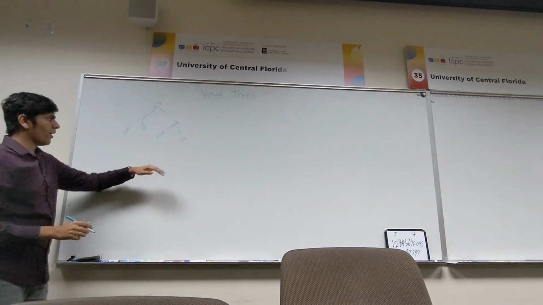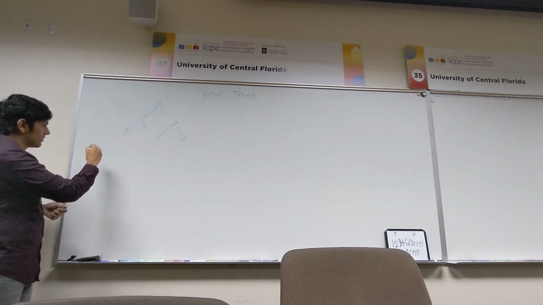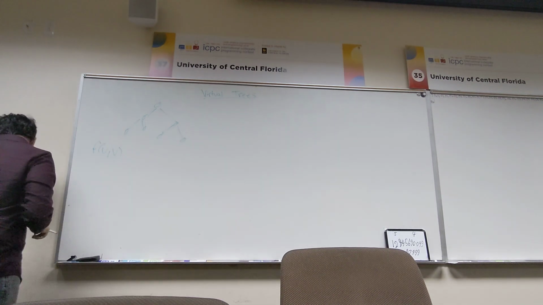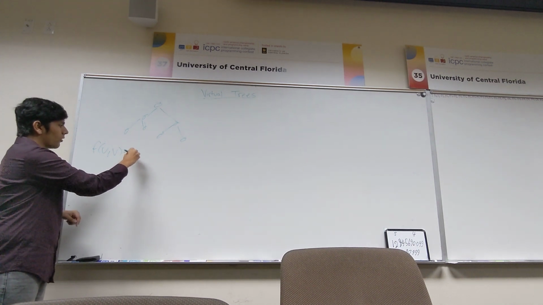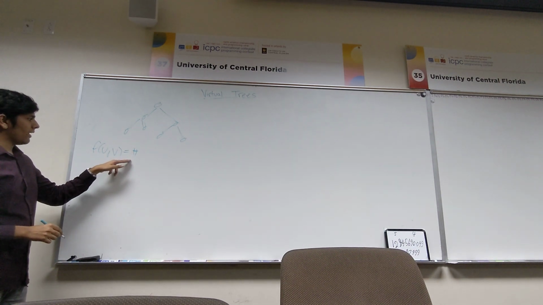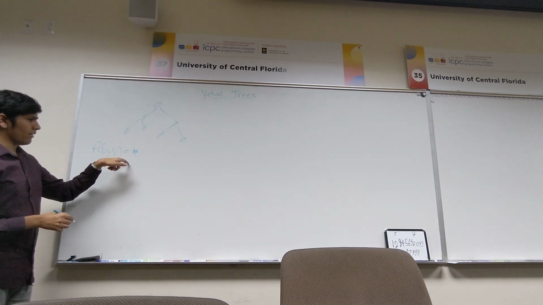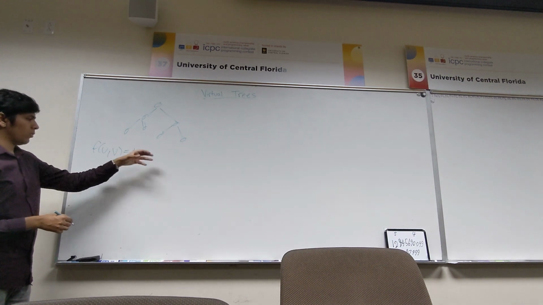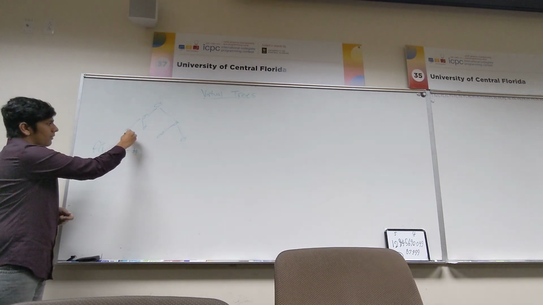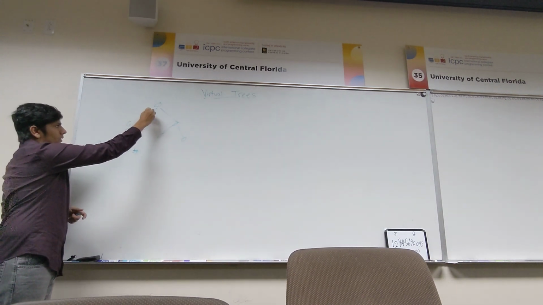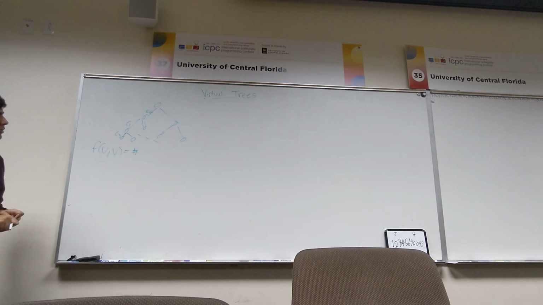This time you have colors on the edges, and you have a function for some path, which is the number of colors on this path such that there's only one of this color on the path. If there's only one of this color on the path, you add one, basically. And it's the sum of all those on the path. But you have colors on the edges this time. Does that make sense? So any ideas?